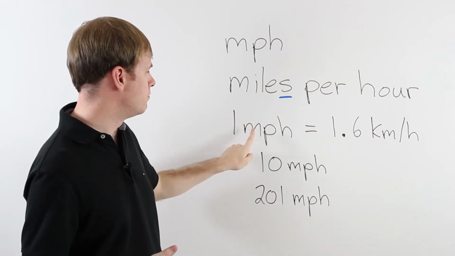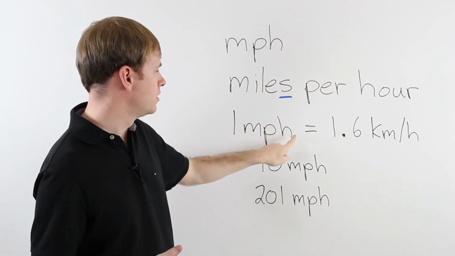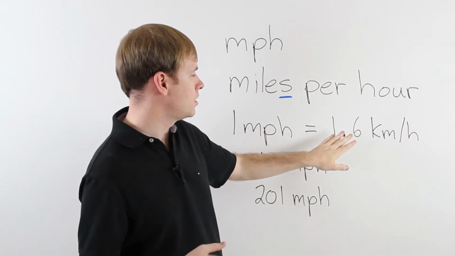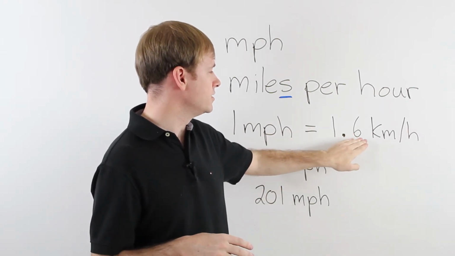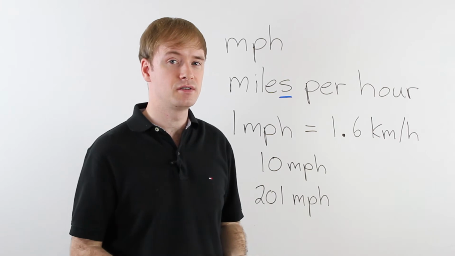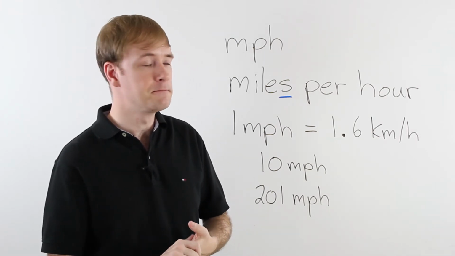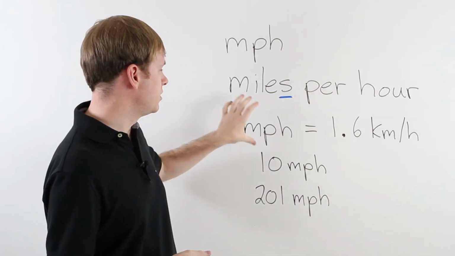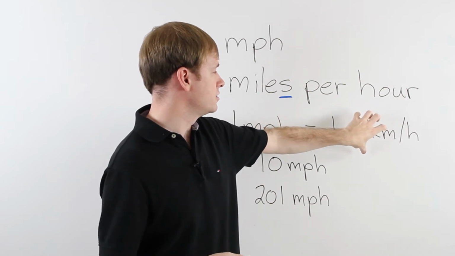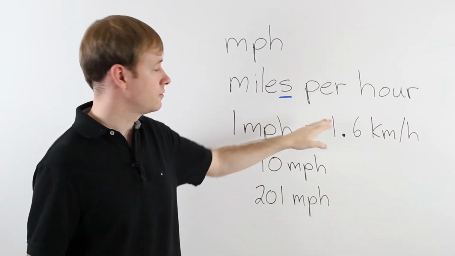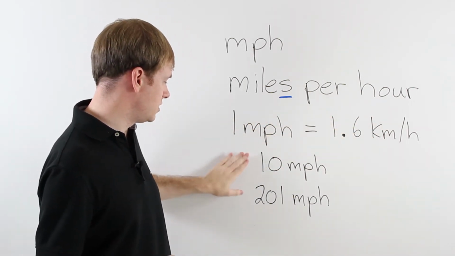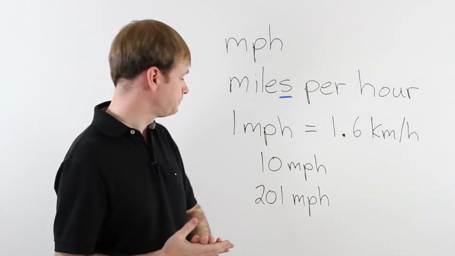And 1 mile per hour is equal to about 1.6 kilometers per hour. So this is the imperial system, and this is the metric system. A little bit different. Let's practice expressing these two.